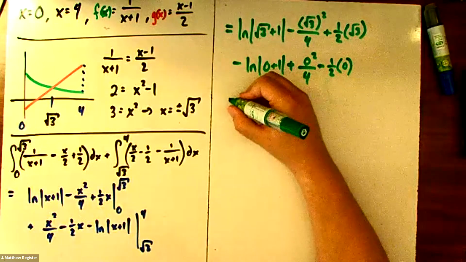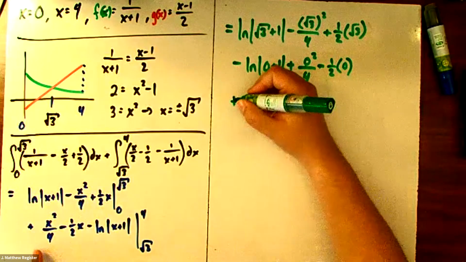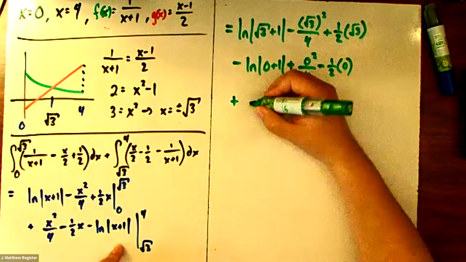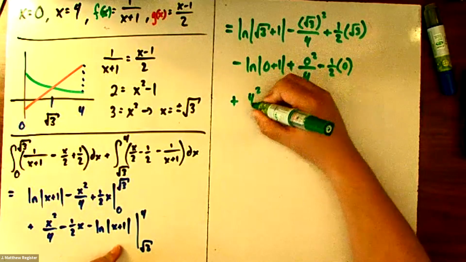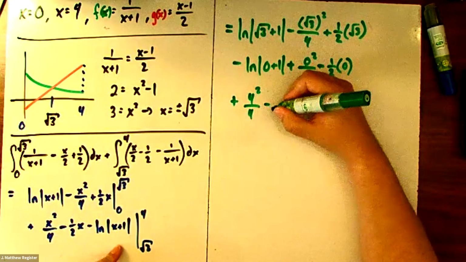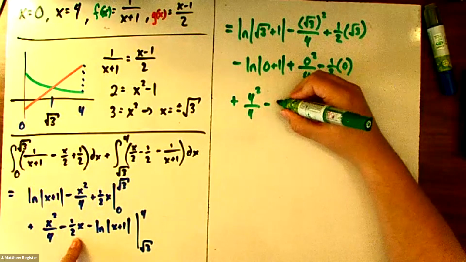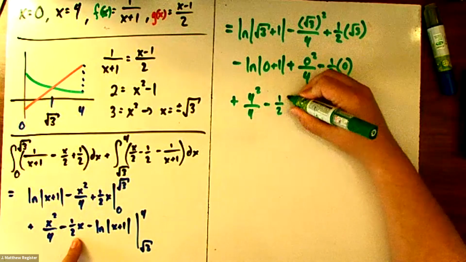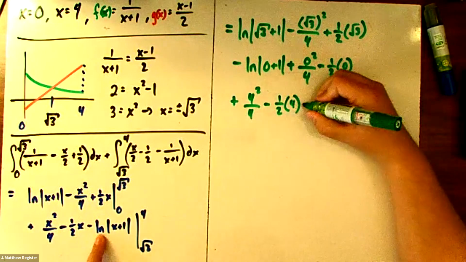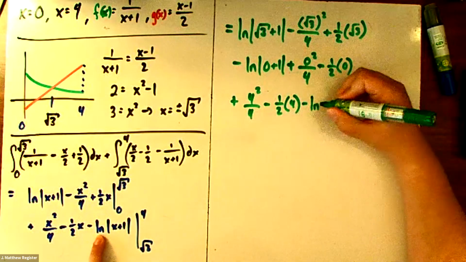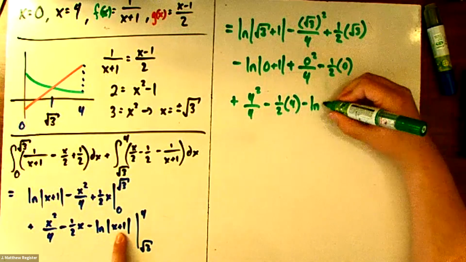And then it's going to be plus all of these evaluated at 4. So 4 squared over 4 minus 1/2 of 4 minus natural log of 4 plus 1.